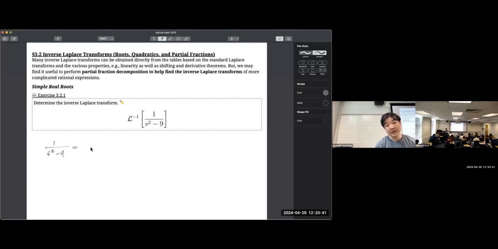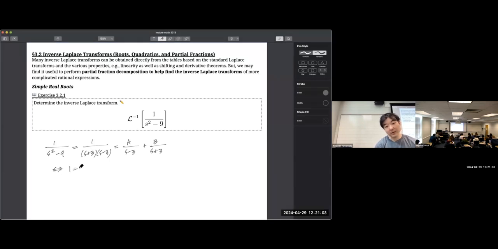So the bottom factors as s plus 3 and s minus 3. So you'll have A over s minus 3 plus B over s plus 3. And you can do partial fractions.